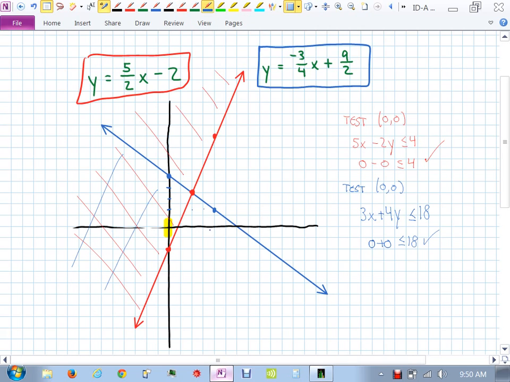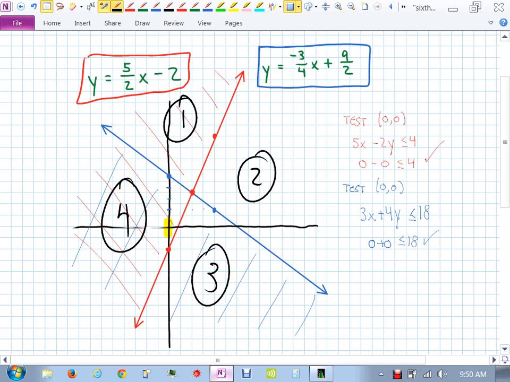So this side. And our solution region is where they overlap, right? Which is, if you look at this as being 4 different sections, if I were to label this section 1, section 2, section 3, section 4, it would be that 4th section, wouldn't it? You don't have to label them. I'm just trying to help you see it.